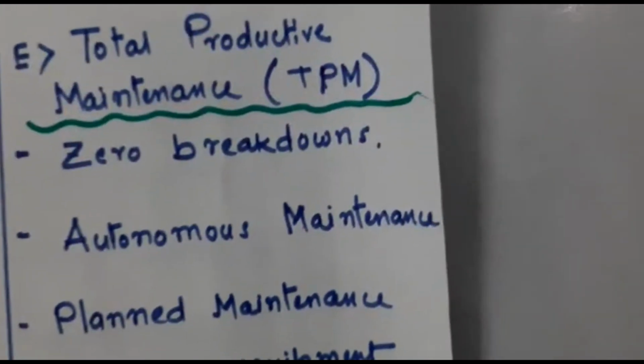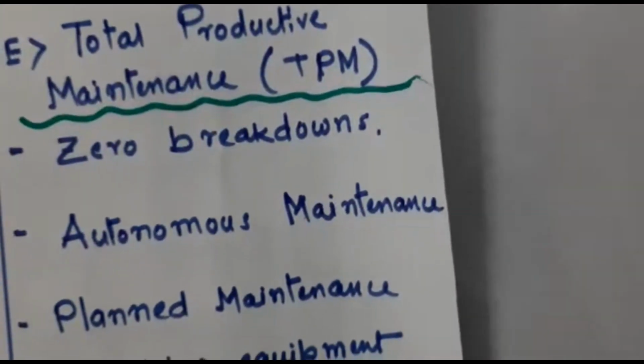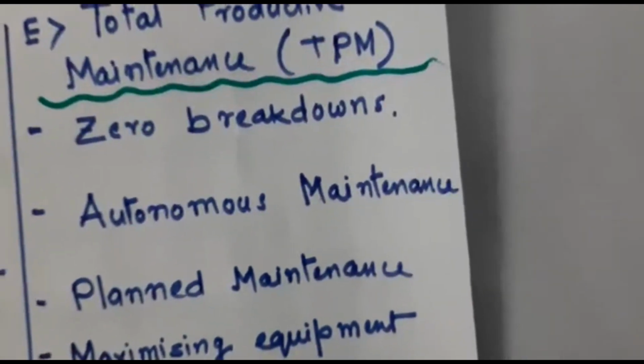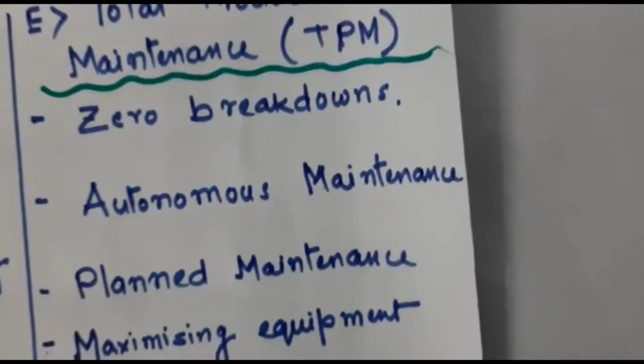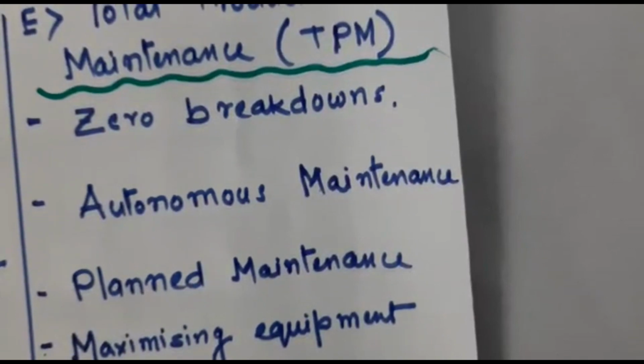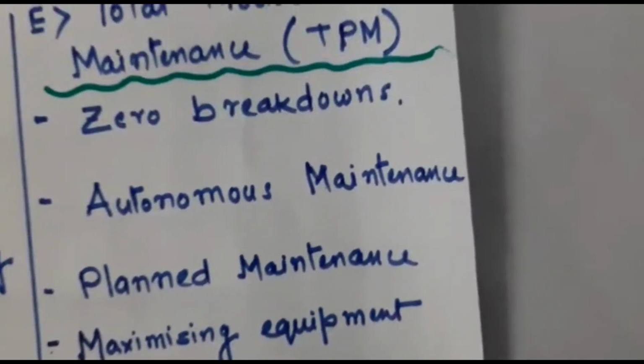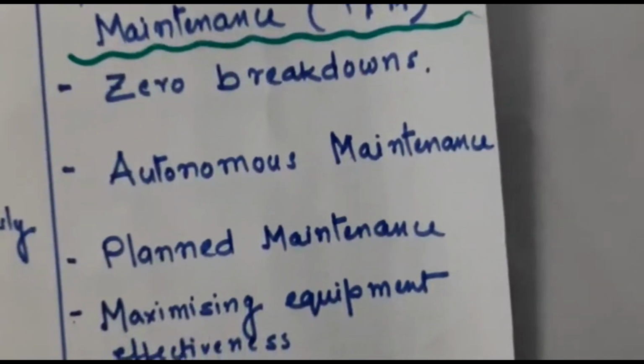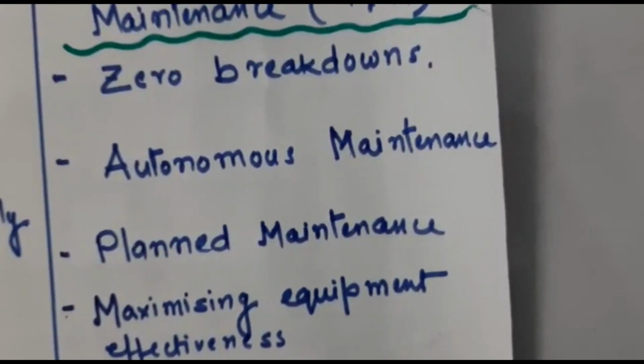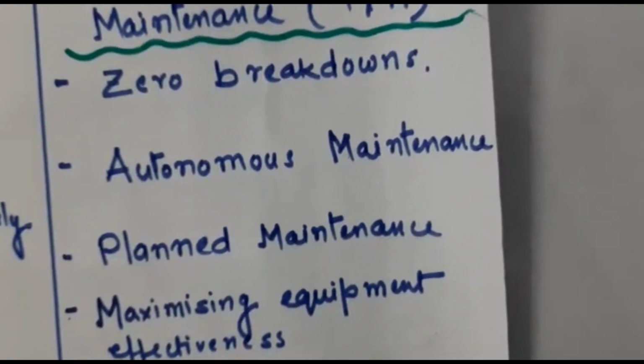So all the normal or the routine maintenance work like lubricating, cleaning, resetting, or adjusting of the equipment is done by the workers who are working on the machine, and other maintenance jobs or the essential maintenance jobs are done by the maintenance people.